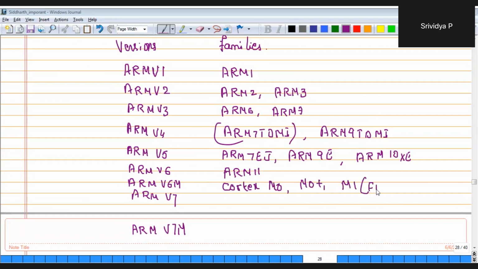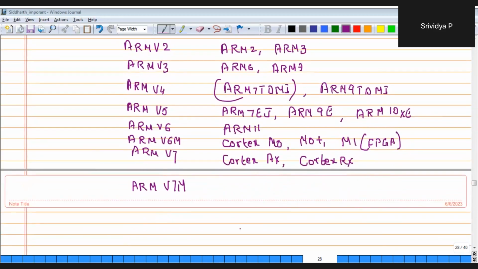Cortex M1 will give assistance to FPGAs, that is field programmable gate arrays. Cortex V7 examples are Cortex A series, I will call it Cortex AX, and Cortex RX. Cortex V7M examples are Cortex M3 and Cortex M4 processors.